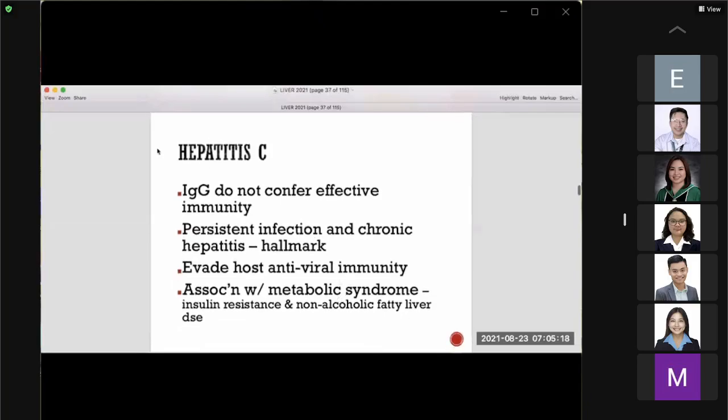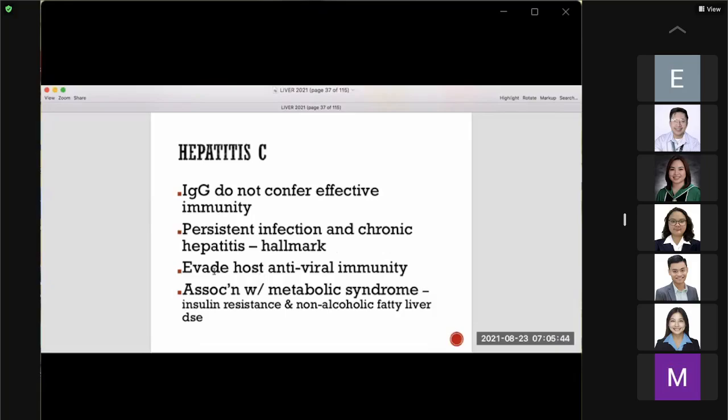The antibody in the form of IgG, because we say that with IgG, somehow it's protective. However, in hepatitis C, that's not the case. IgG does not confer effective immunity in patients infected with hepatitis C. Persistent infection and chronic hepatitis is the hallmark of this disease.